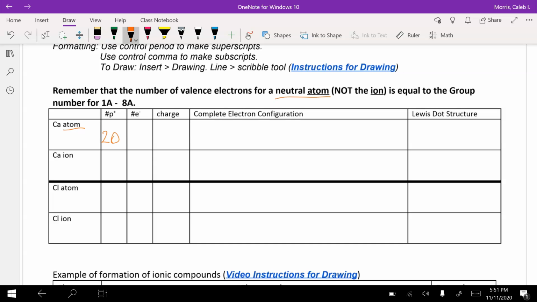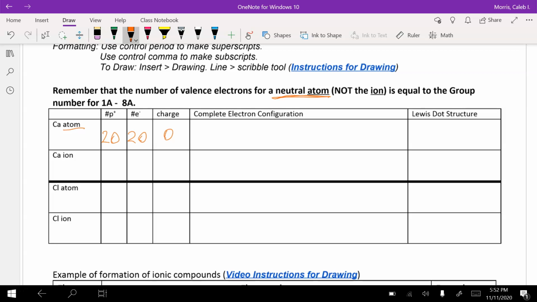A neutral atom is going to have the same number of electrons as it does protons. But the ion is going to be different. We'll get to the ion in a second. Ion just means it's got a charge. So a neutral calcium atom will have the same number of electrons, and it has a charge of 0. An atom always is going to have a charge of 0.